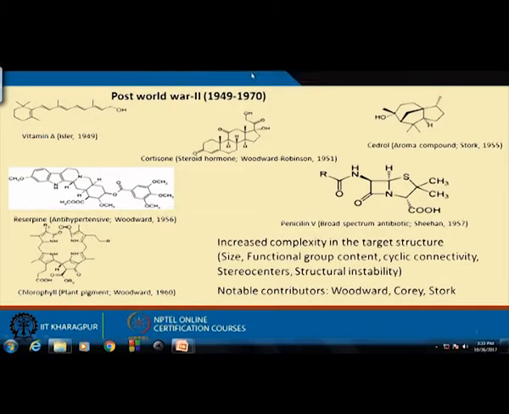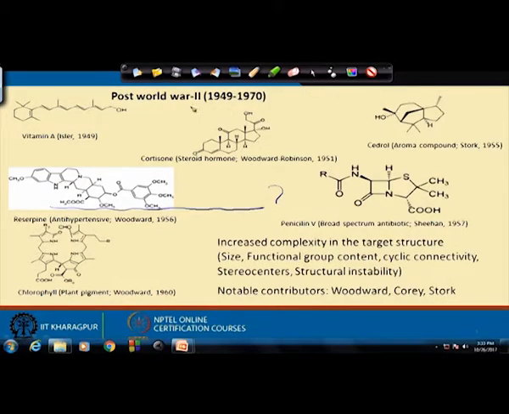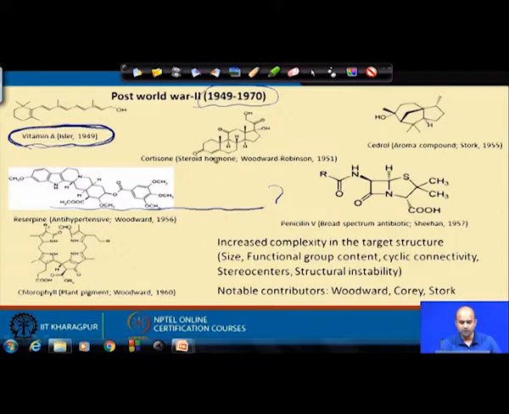These are the molecules of the post World War time, and the first molecule, vitamin A, is often used to treat people who are suffering from several eye related diseases. Vitamin A, Isler first synthesized in 1949. Molecules like cortisone, which was used as a steroid hormone, was synthesized by Woodward and Robinson.